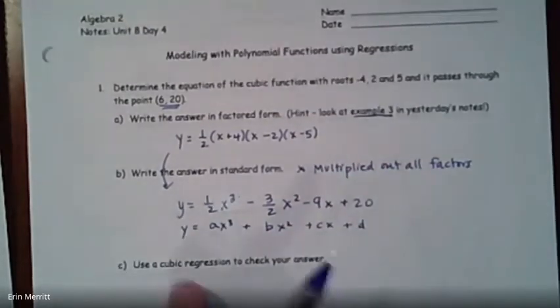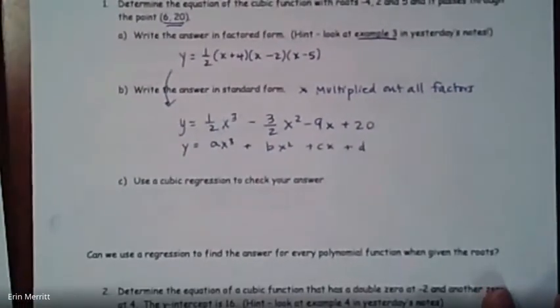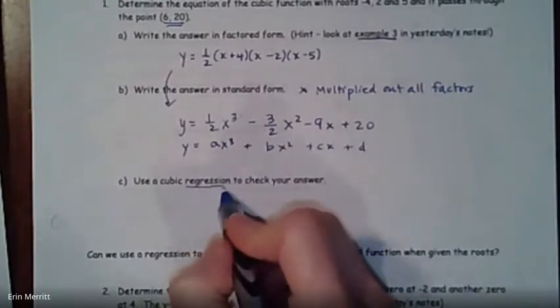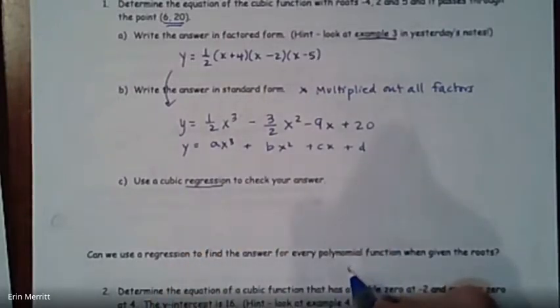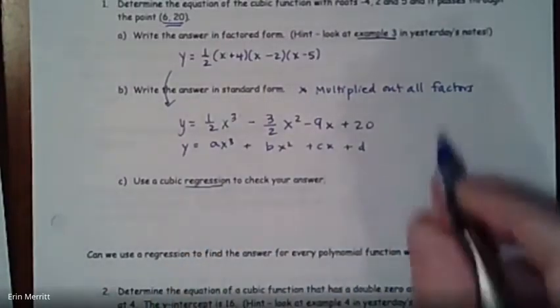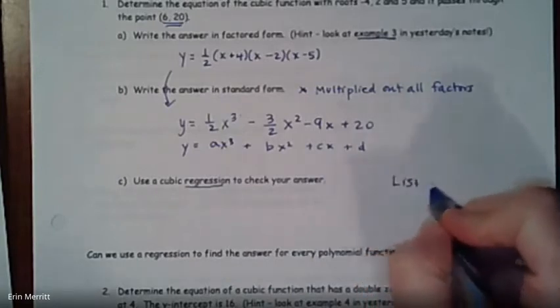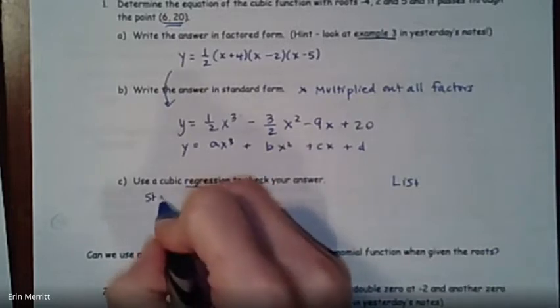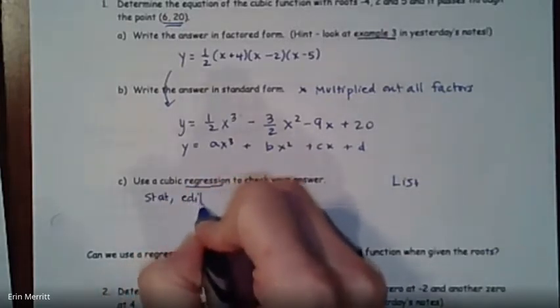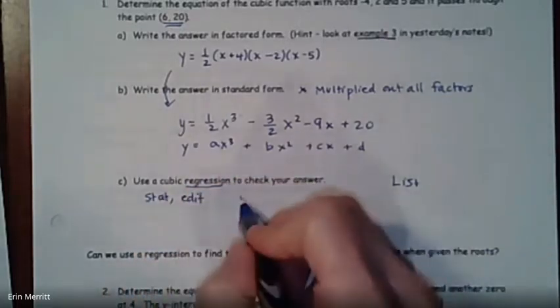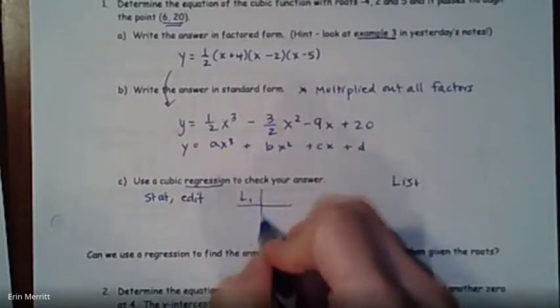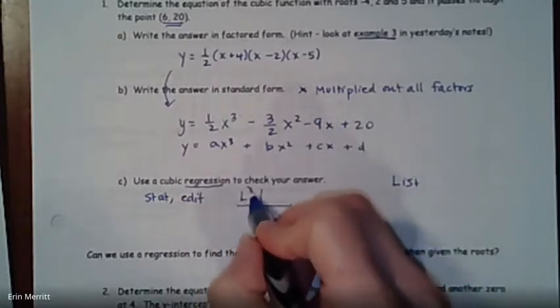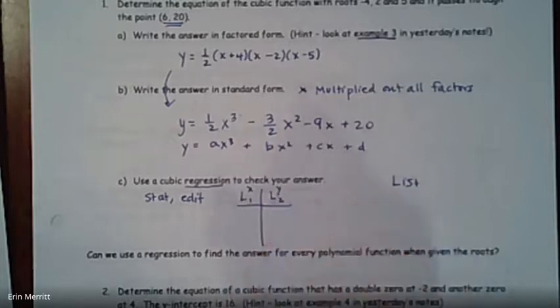All right, now it says use a cubic regression to check your answer. We haven't done this yet, but we've done regressions. So to be able to do this, you have to have these values in your lists. So you're going to go to Stat, and then Edit, and then in L1, you're going to put all the X values, and then in L2, you're going to put the Y values.